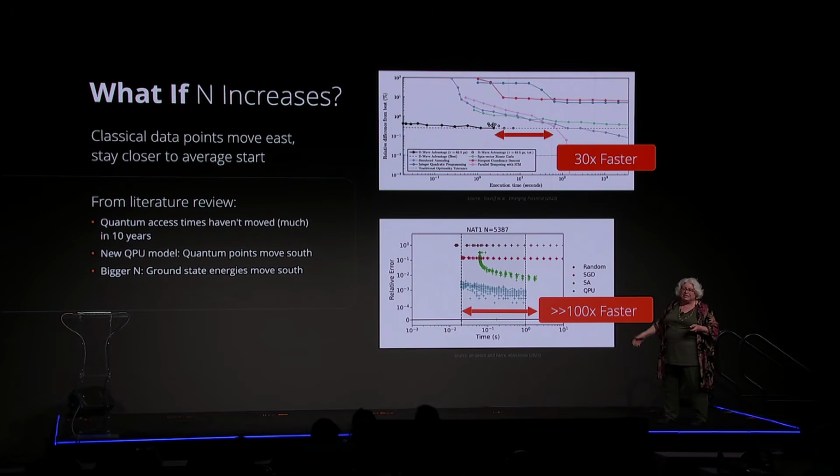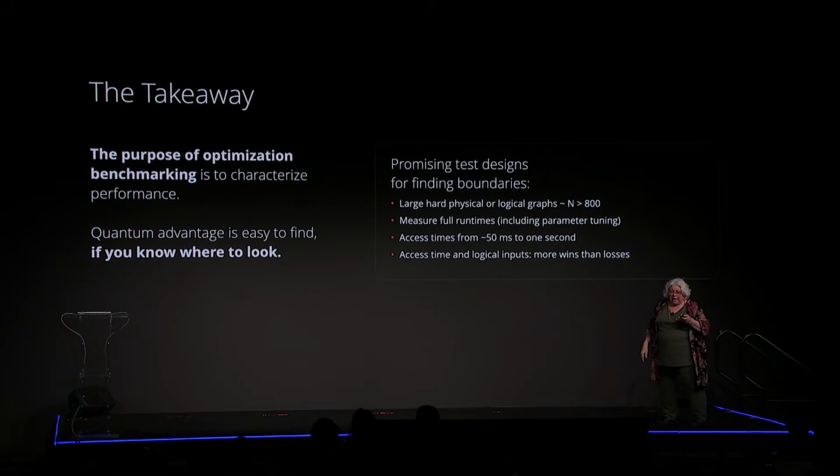Here's some data that you can see in papers from the literature that show exactly this behavior going on. And so the takeaway is, if you're going to do benchmarking performance evaluation, think about not winners or losers, but trying to find those boundaries of what works and what doesn't work.